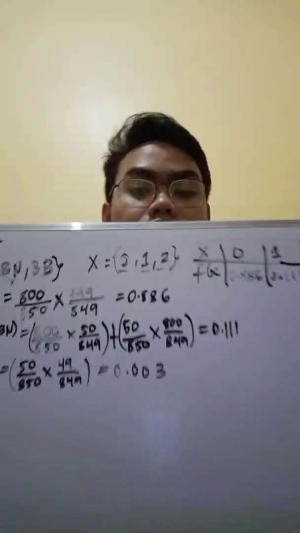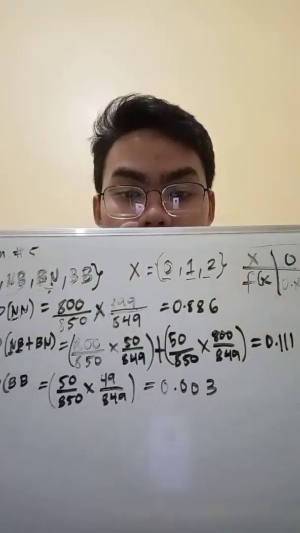Okay, so solving for this, we will now get the value of f of 2, which is 0.003. Okay, here it is, 0.003. Okay, so our probability distribution table is now complete.